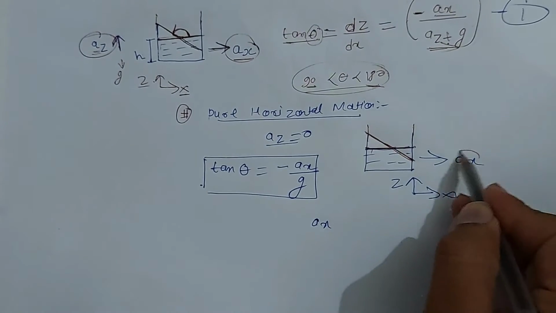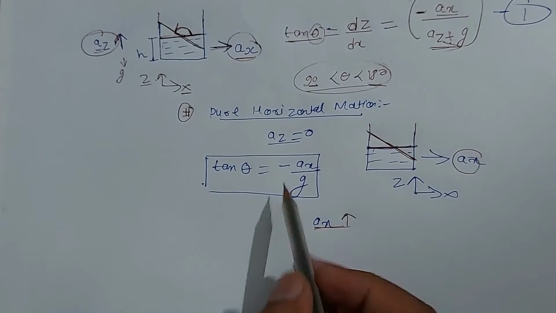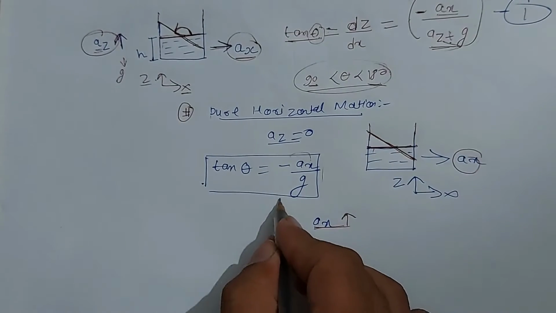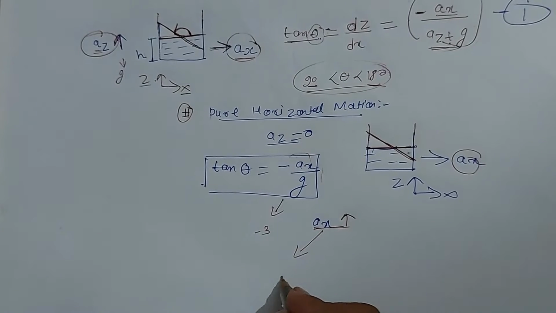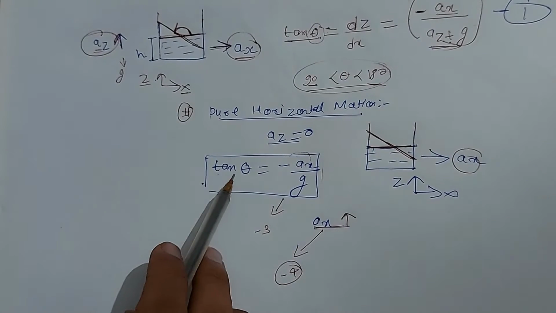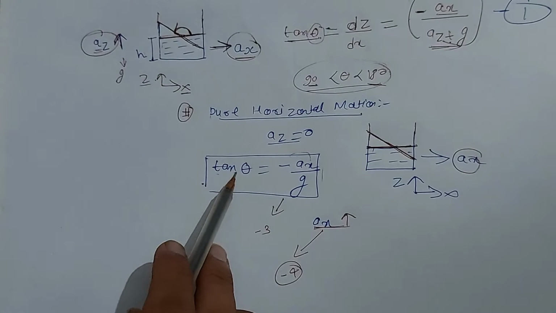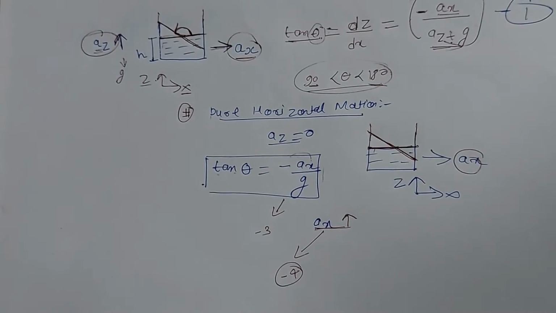and we are increasing this acceleration. As we increase the acceleration ax, this term will get more negative. Like if initially it was minus 3, suppose, then it would become minus 4 because we have increased the acceleration. Then you know that tan increases with increase in angle and tan decreases with decrease in angle.